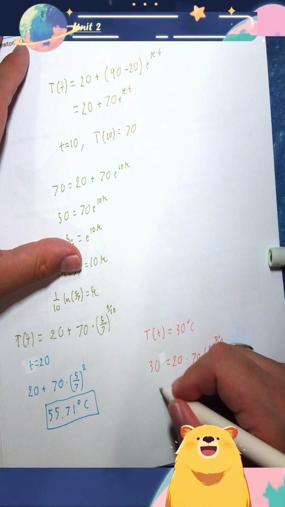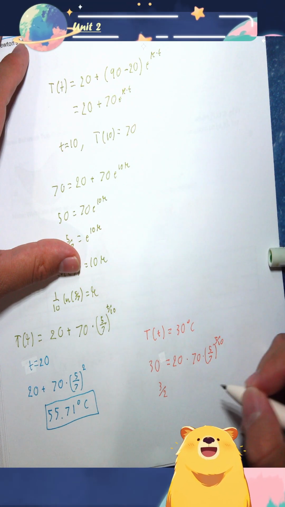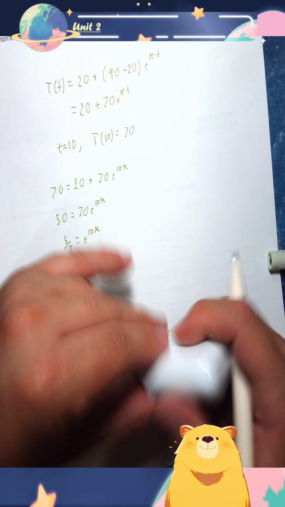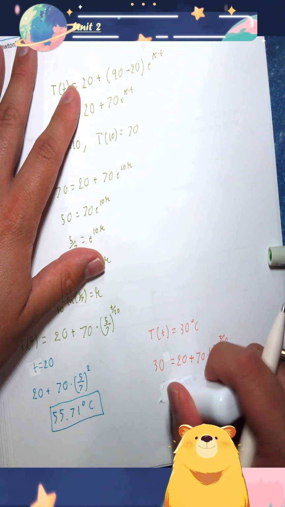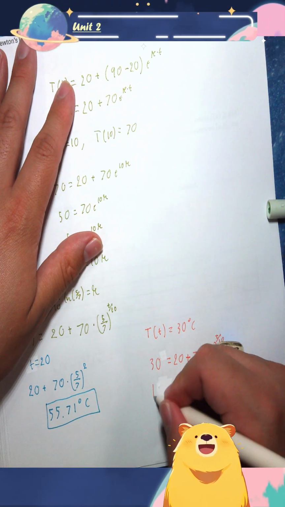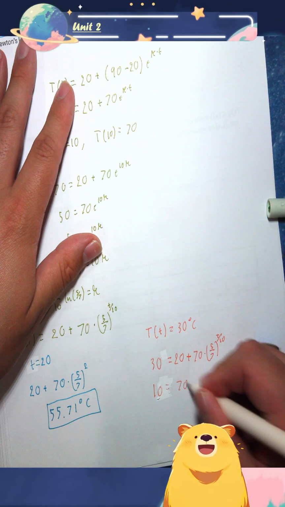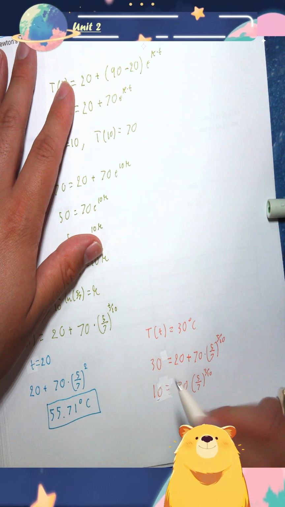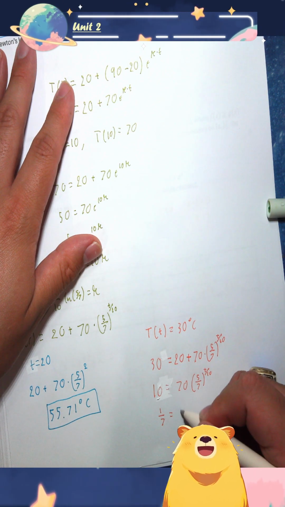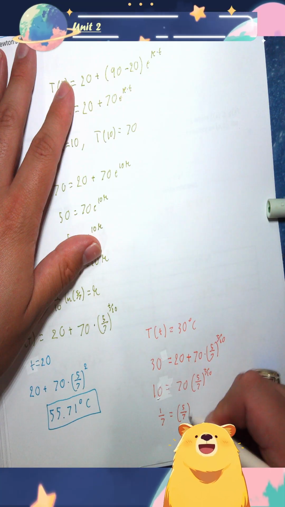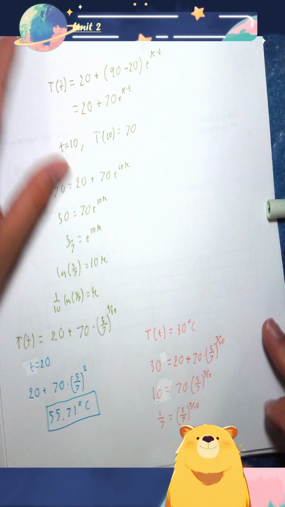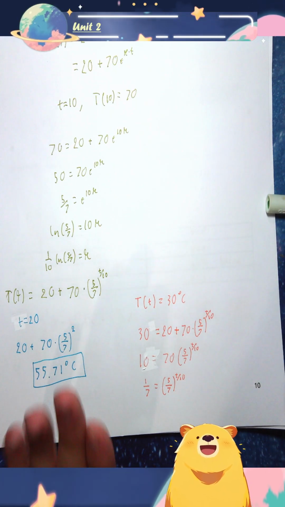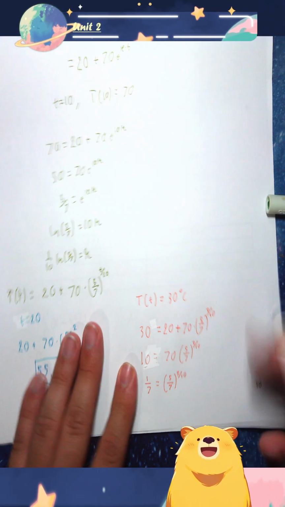So we subtract that, and we get 10 is equal to 70 times 5 over 7 to the t over 10. Divide by 70, we get 1 over 7 is equal to 5 over 7 to the t over 10. And from here, you're going to do a technicality where you take the log, but of base 5 over 7.